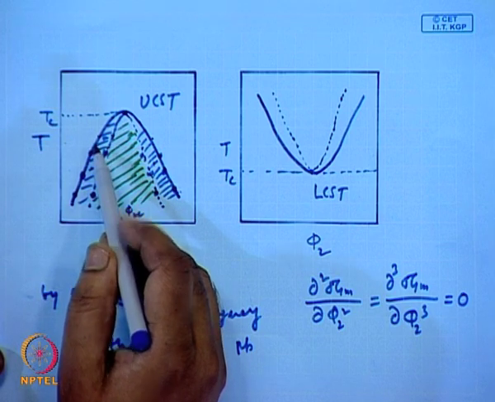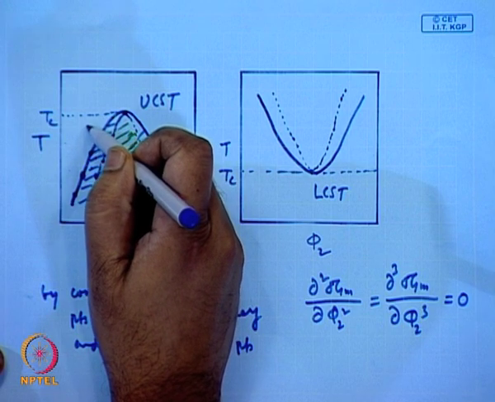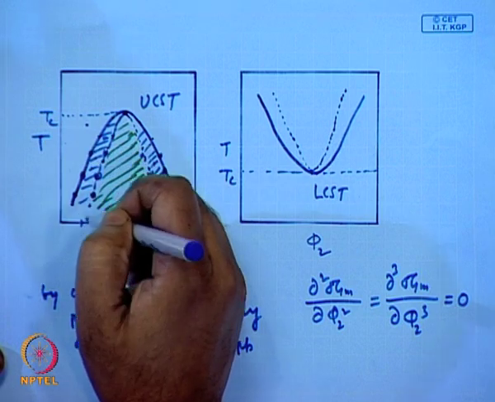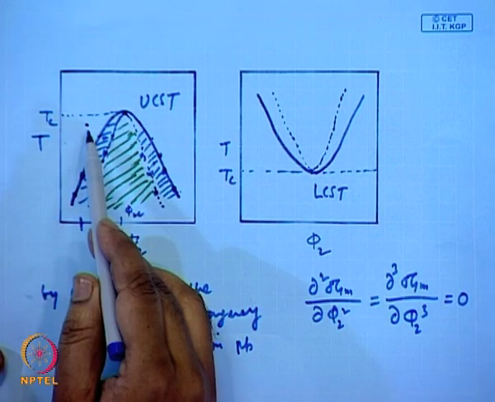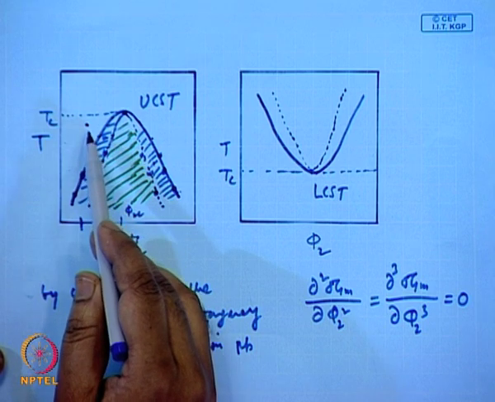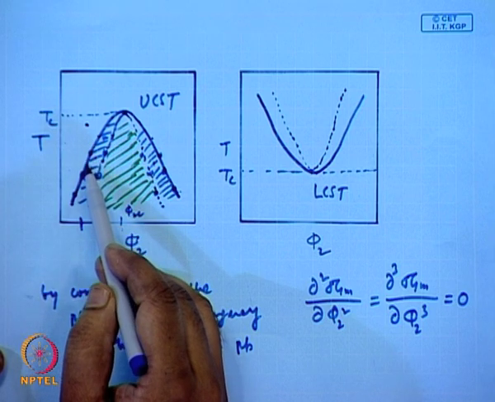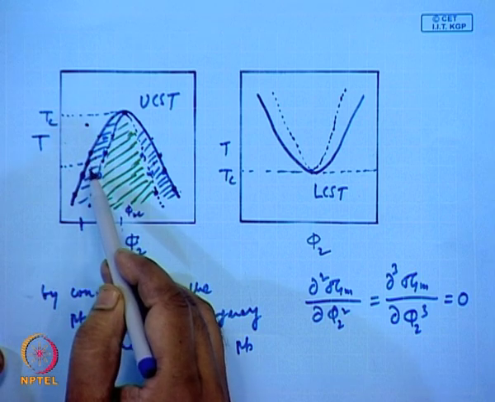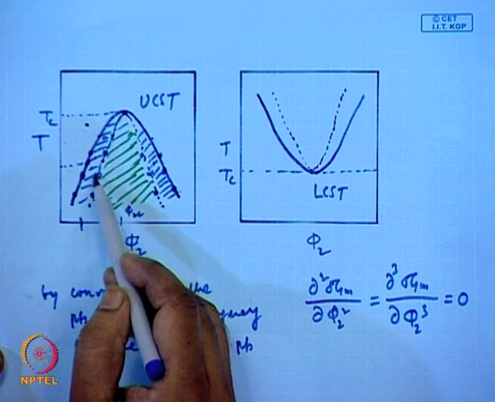Now, if you start from a point here, a composition corresponding to this, obviously this is a single phase soluble system, and if you cool the temperature, what will happen at this temperature? They will start precipitating, forming a two phase system, because though it is metastable, it is thermodynamically unstable.